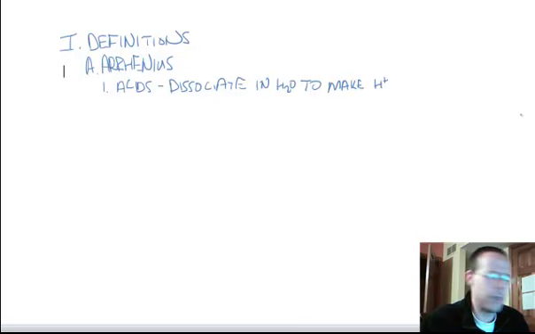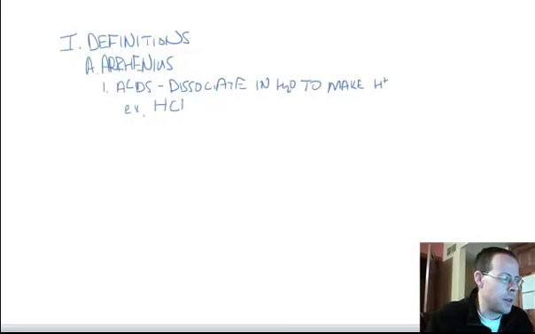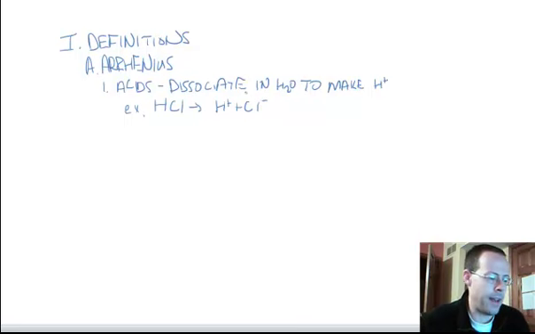And again, that's the most basic definition. In general chemistry, that's what you would have learned. I'm not exactly sure what you get in college chemistry, but acids dissociate to make hydrogen ion. And our probably easiest example of this would be hydrochloric acid. When we put it in water, we get H plus and Cl minus, so we call that an acid.